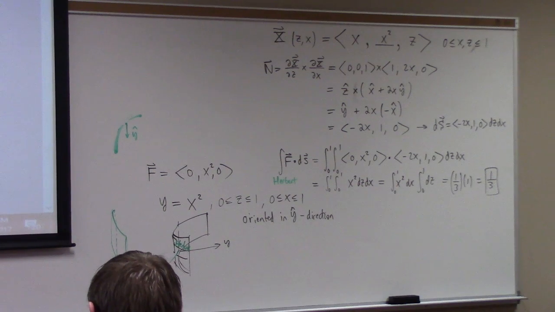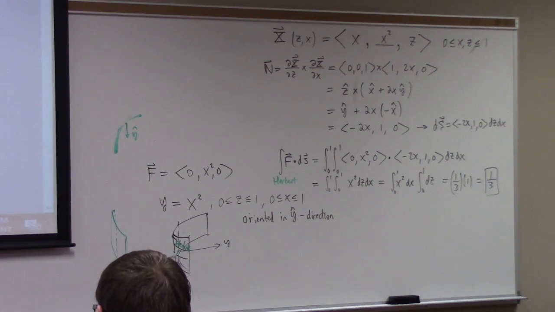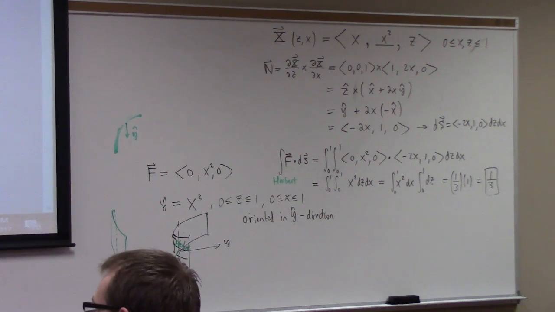Inward-oriented, the opposite. If you're ever not sure about which orientation I intend, you should just ask me, because it shouldn't be an ambiguous thing for a problem that you're given. Although there is a way to make it ambiguous.